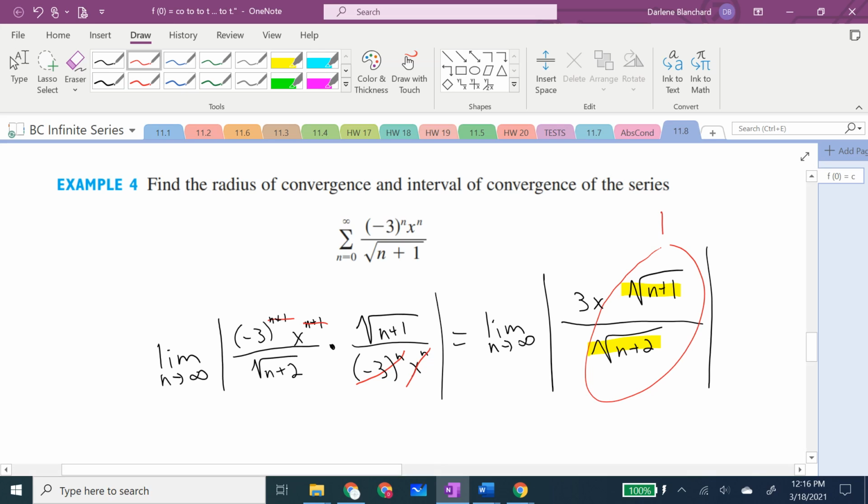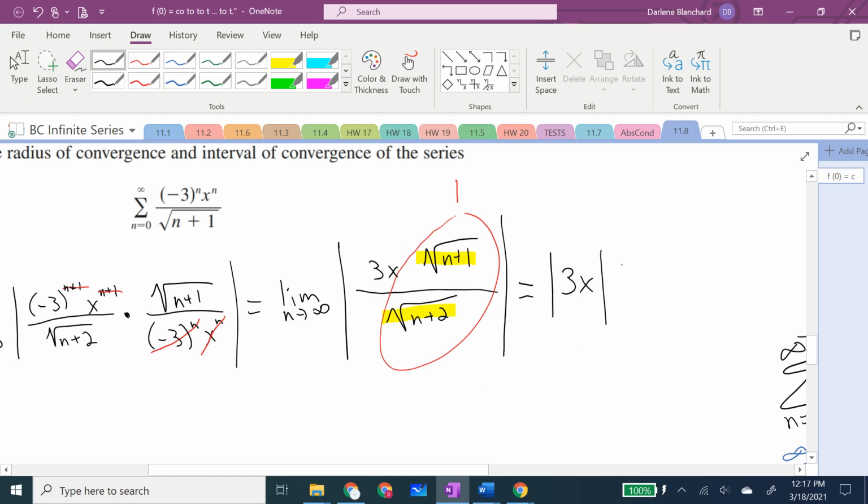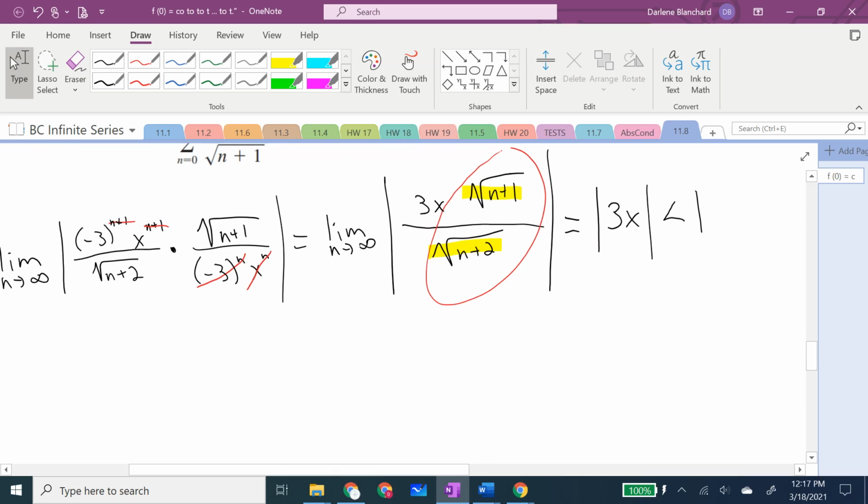What does that make the answer to this limit? Absolute value. And I see it there. So yeah, there you go. The 3x comes out in absolute values. Then it converges if it is less than 1, diverges if it's greater than 1, equal to 1 has to be checked. But let's take a look at this inequality statement.